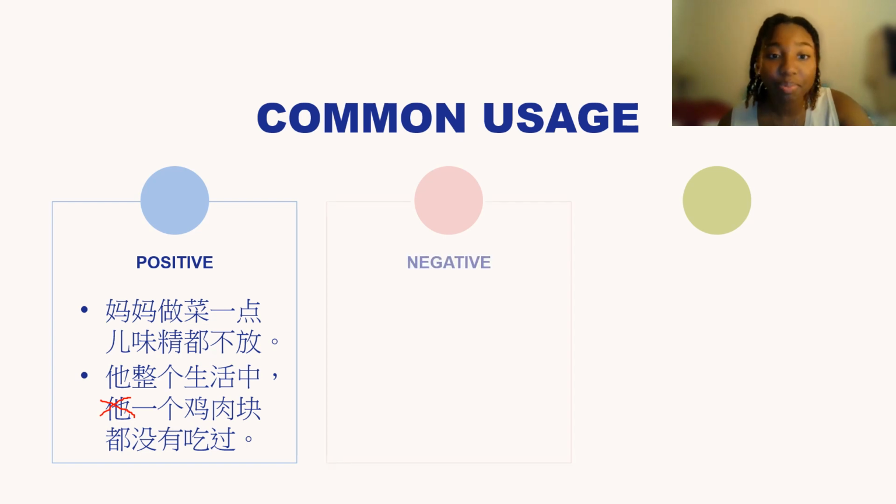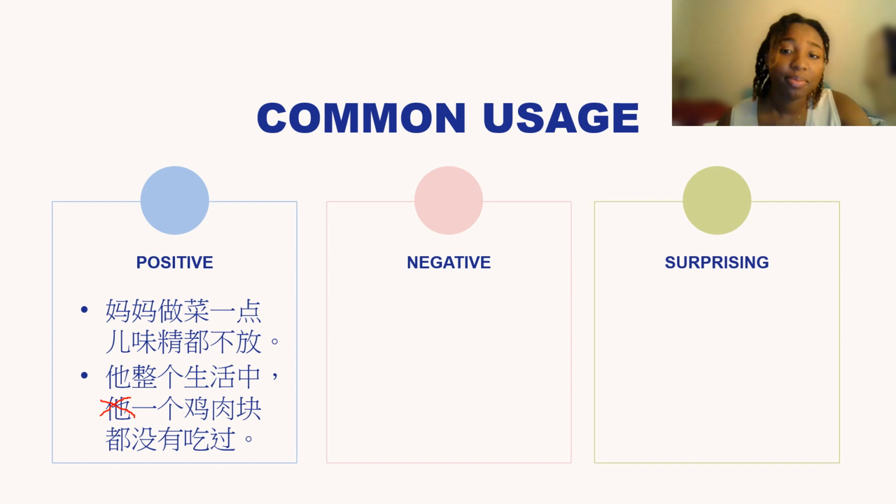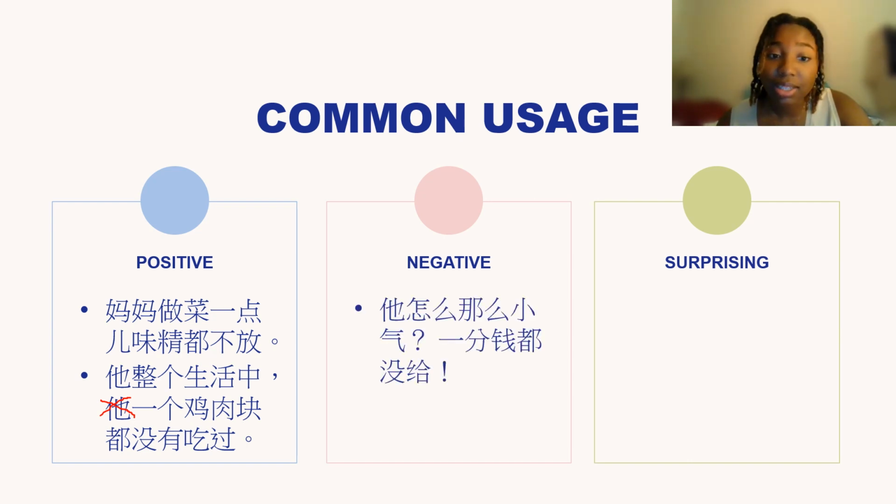So moving on, you also use it in the negative. 他怎么那么小气，一分钱都没给. So say we're doing some 义工, some volunteering, some philanthropic work out in the community, yeah?